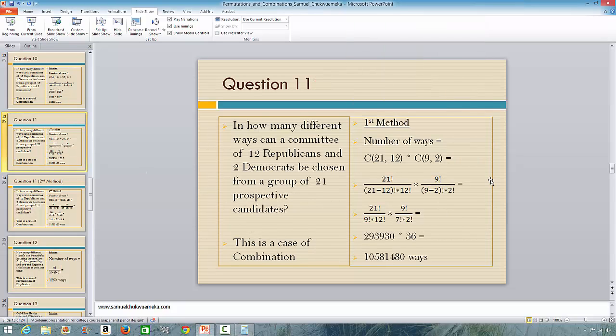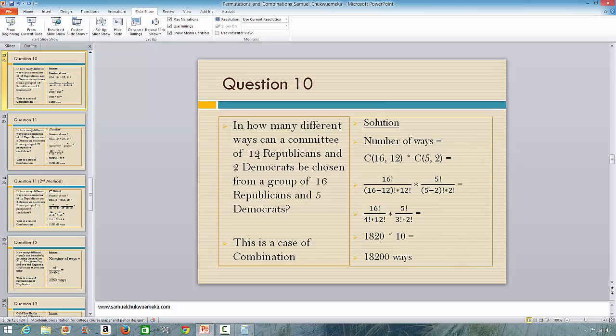Question 11. In how many different ways can a committee of 12 Republicans and 2 Democrats be chosen from a group of 21 prospective candidates? Please observe the differences between these questions.